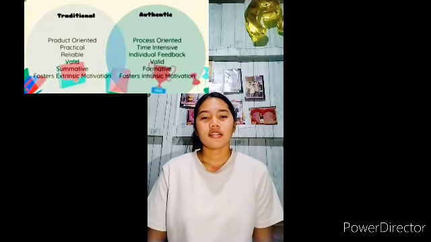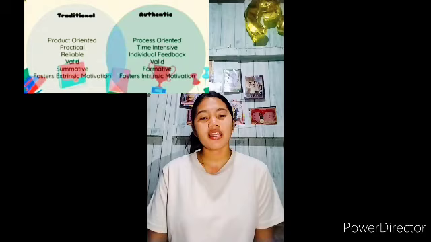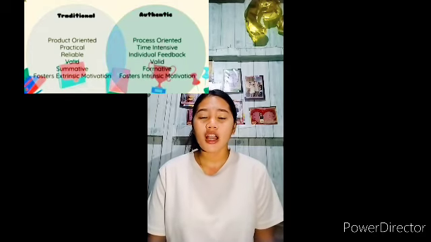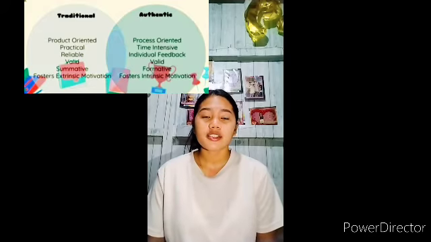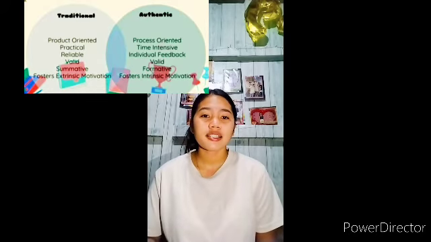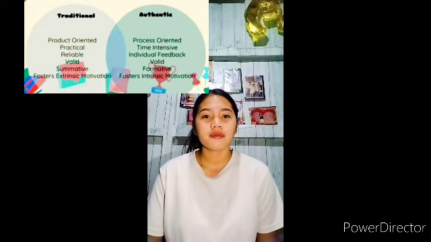To better compare traditional and authentic assessment, here's a Venn diagram prepared. So, traditional assessment is product oriented, while authentic assessment is process oriented. Next, traditional is practical and authentic is time intensive.